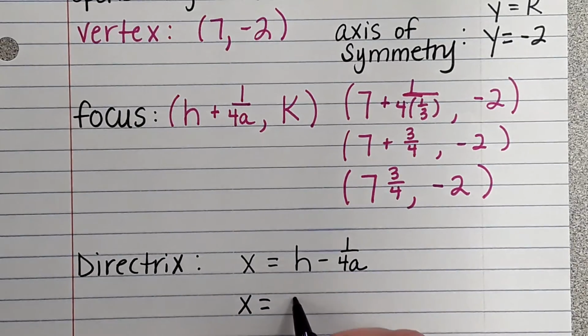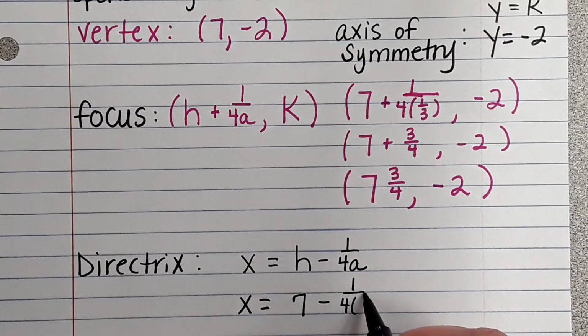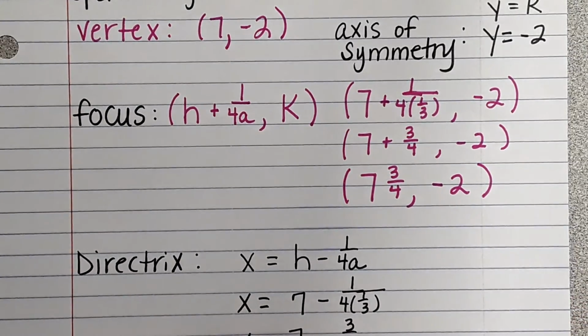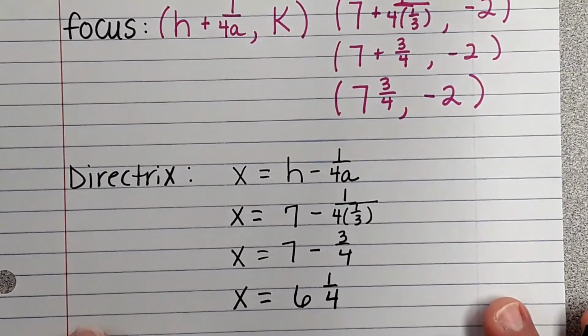So my h is 7, minus 1 over 4 times 1/3, because the a is 1/3. The nice thing about this is because the directrix always has that 1, if you have a fraction on the bottom, you just flip it up. So this becomes x equals 7 minus 3/4, which equals x equals 6 1/4, which you guys can't see again.